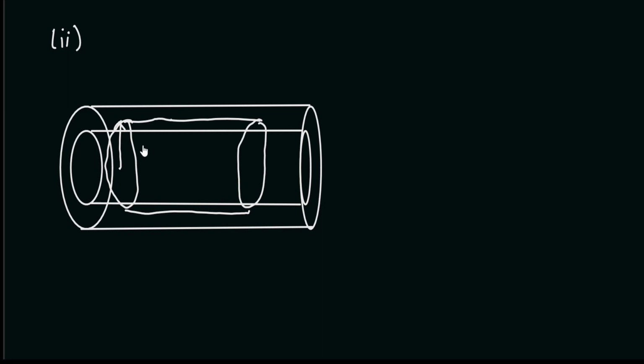And again, let us call the radius of this Gaussian cylinder as S and the length as L. And in this case, the radius of the Gaussian cylinder S has to be bigger than the radius of the inner cylinder A and smaller than the radius of the outer cylinder B. So A is less than S and S less than B.